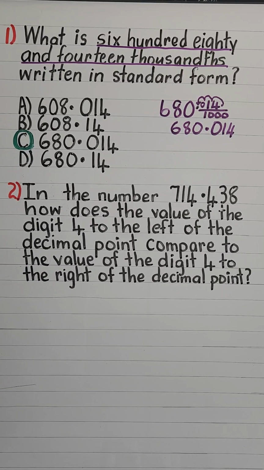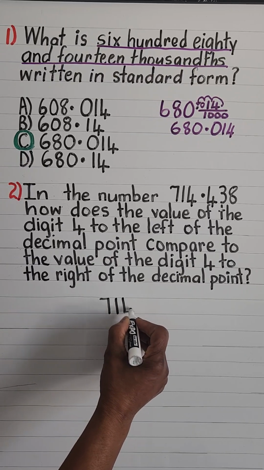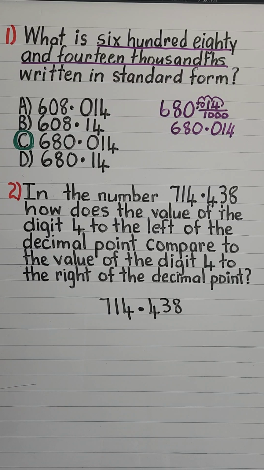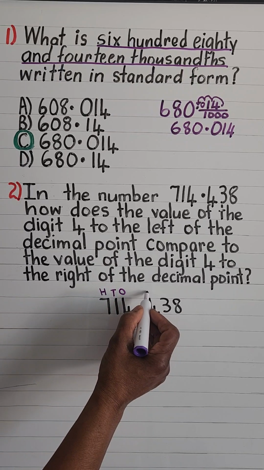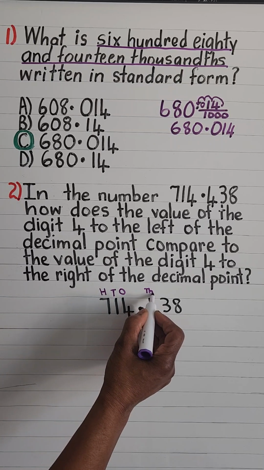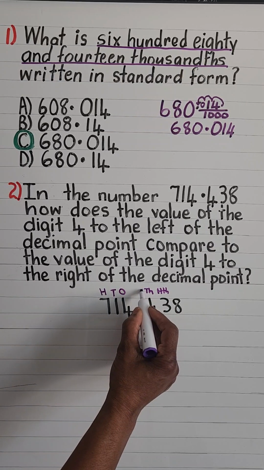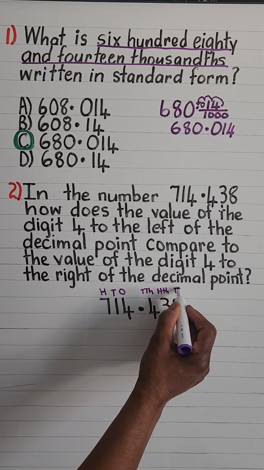So let's do a number. 714.438. So we have hundreds, tens, ones, and after the decimal point we have tenths, hundredths, thousandths.